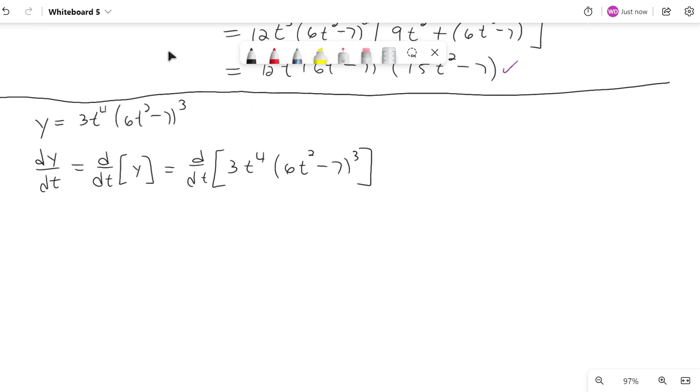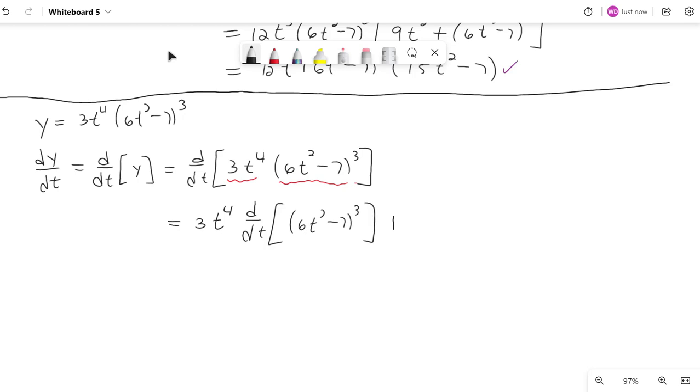Okay, so then from there, I'm applying the differential operator to a product. So I'll write down now the product rule. The product rule is you write down the first factor, 3t to the fourth, and then you take the derivative of, so we take the differential operator, and we apply it to 6t squared minus 7 cubed.